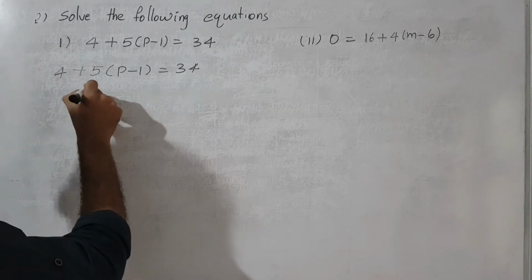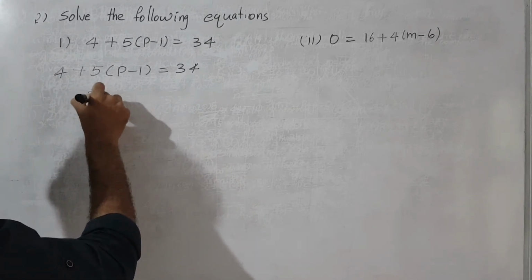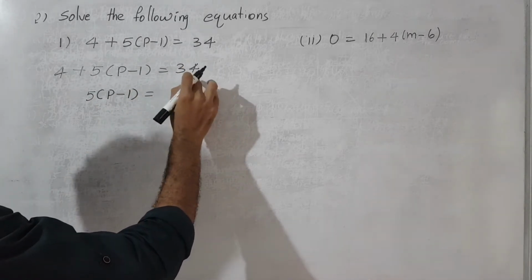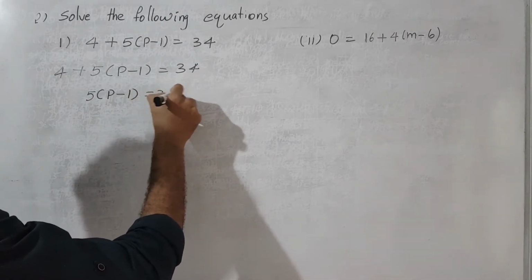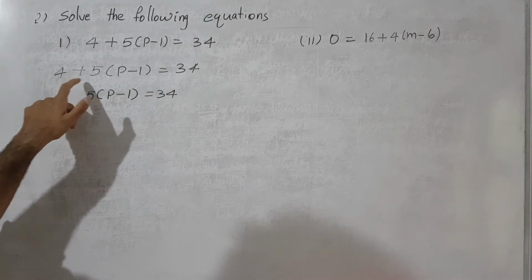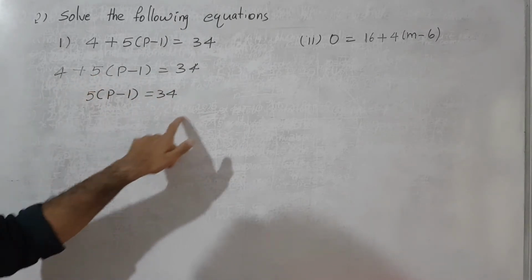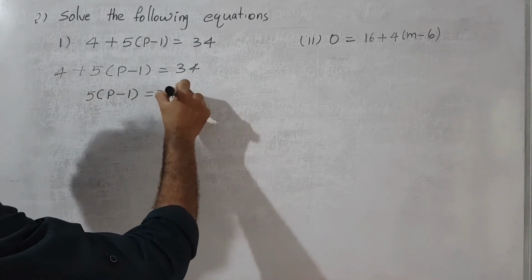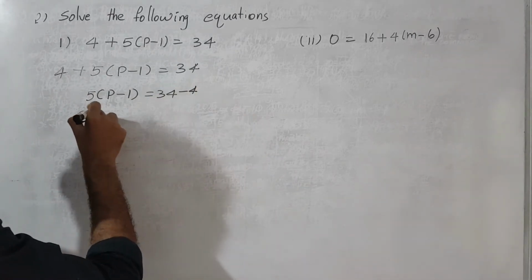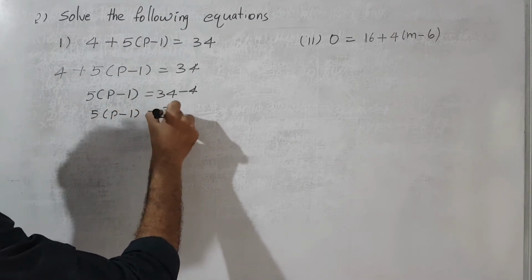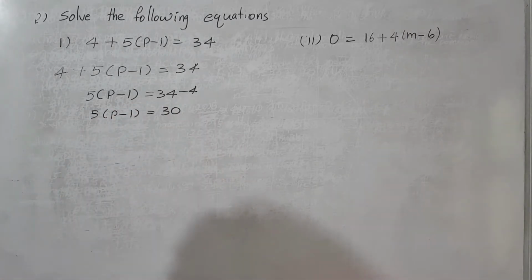Okay, then here 5 into p minus 1 is equal to, what we write first, 34. What are we doing here, 4 and 5 into p minus 1 we are adding, then in the time of transposing minus, then 5 into p minus 1 is equal to 30. 34 minus 4 is equal to 30.